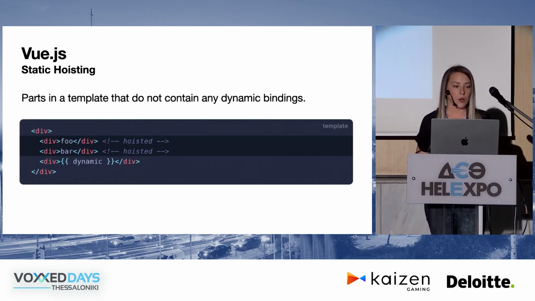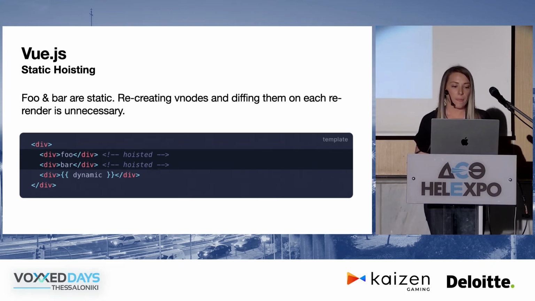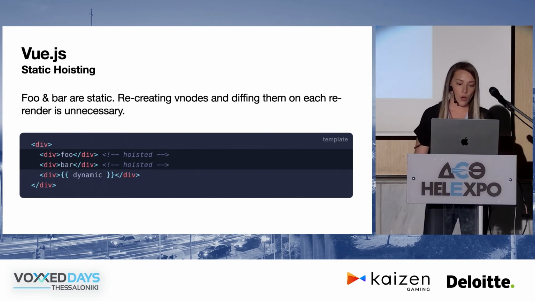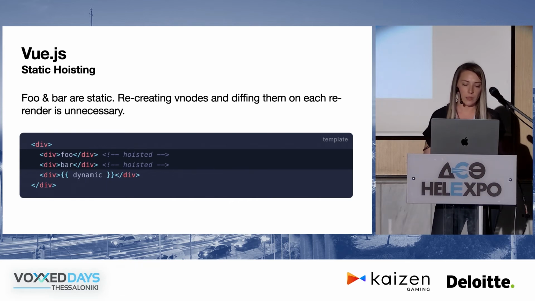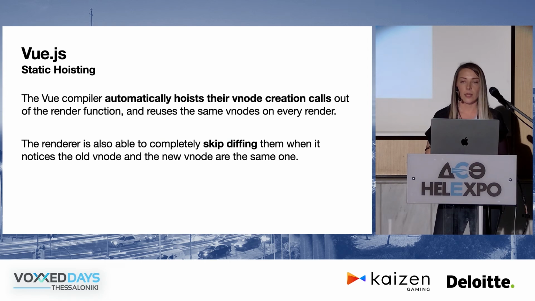Regarding the static hoisting, there are parts of the code that may have dynamic bindings and others not. When we have static content, these elements are getting hoisted. For example, in this slide, you can see that there are two elements, fuel bar, that have just static text. So this will result in being hoisted and not being included in the render function.